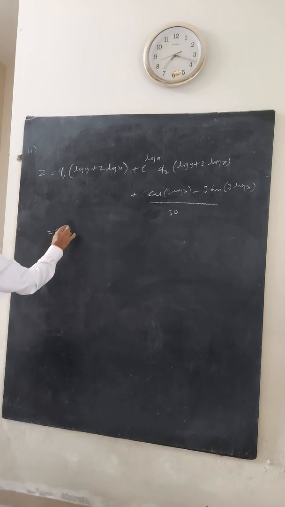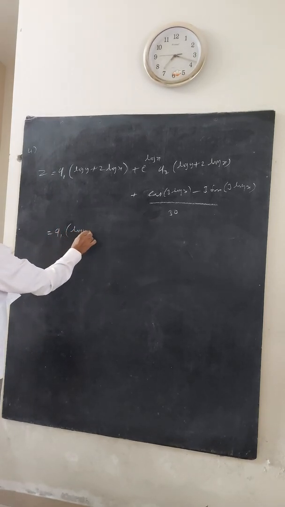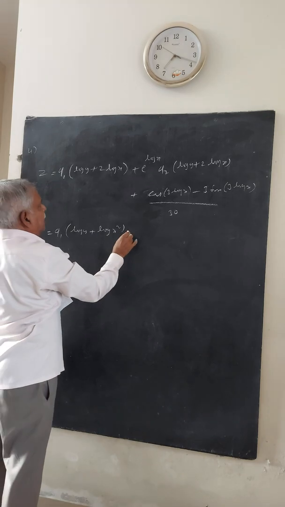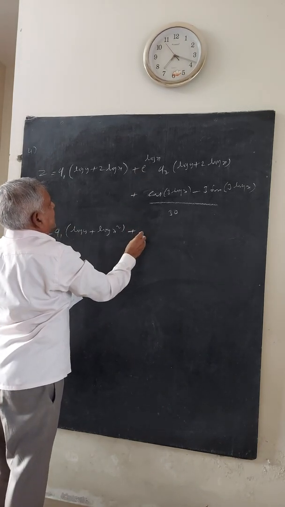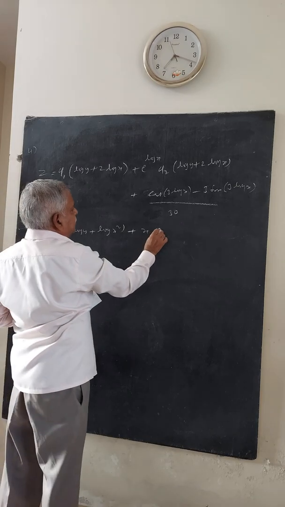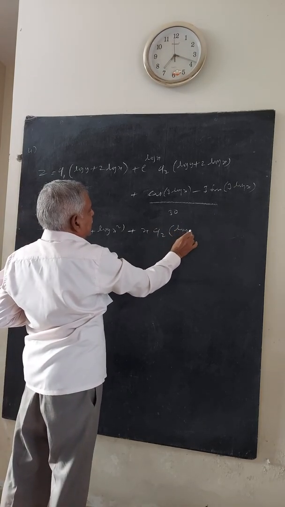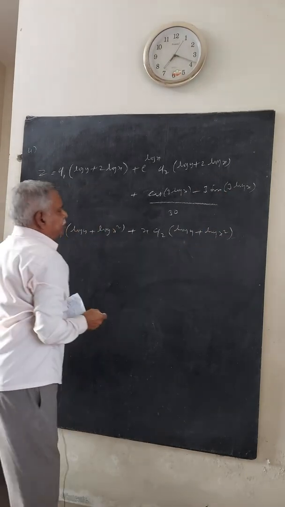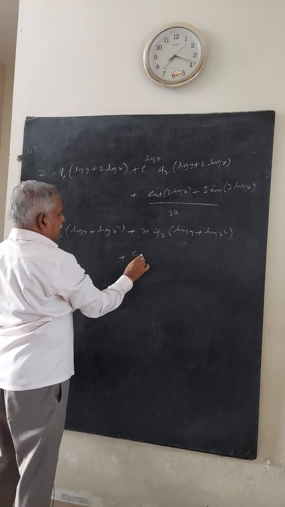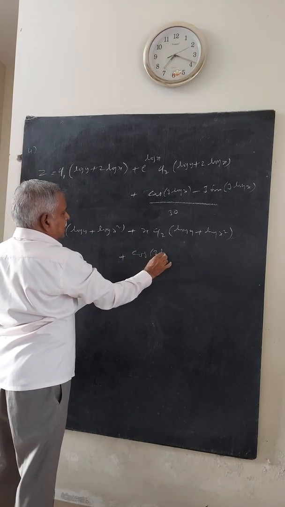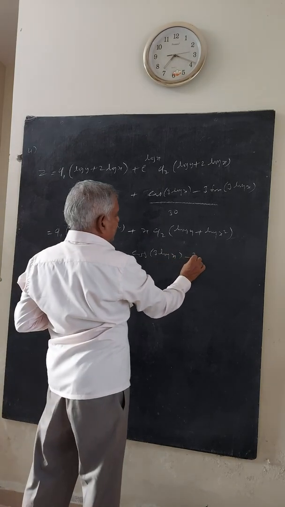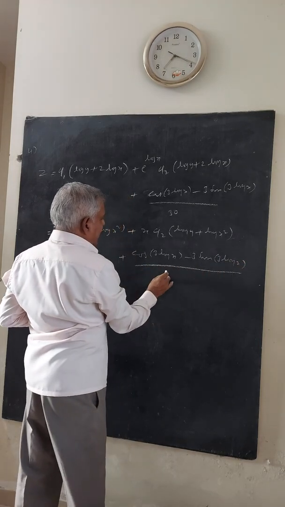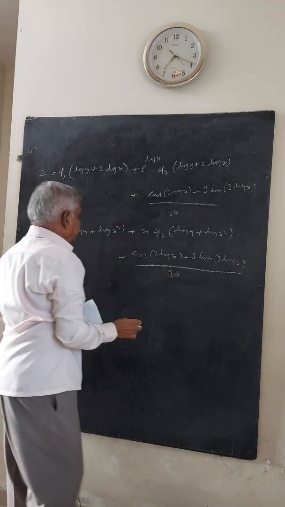Equal to phi 1 of log y plus log x square, these two as a power in log, plus e power log x is just x only, phi 2 of log y plus log x square, plus cos 3 log x minus 3 sin 3 log x whole divided by 30.